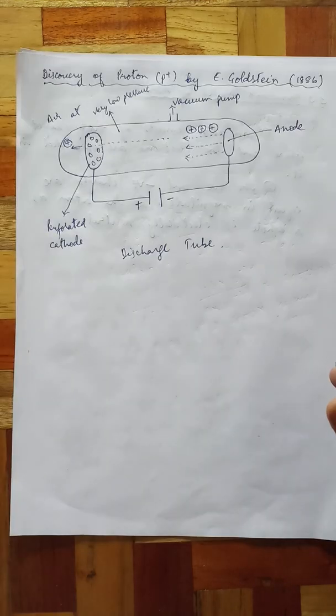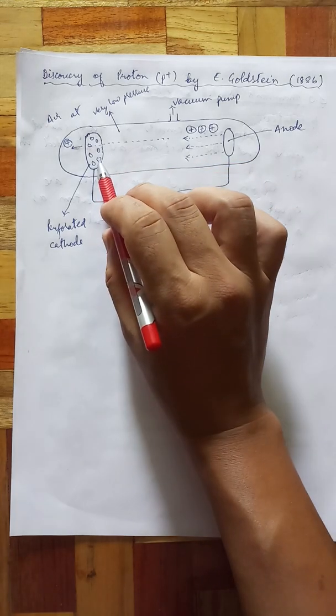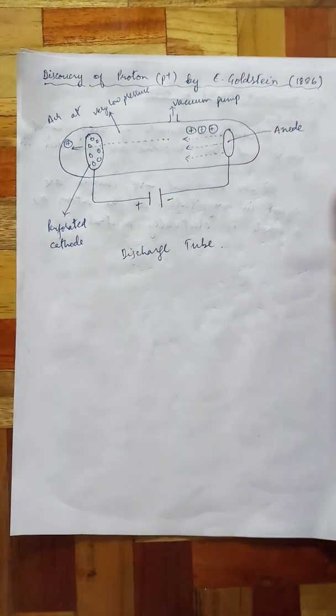Now come to the second subatomic particle, proton, the discovery of proton. In 1886, A. Goldstein performed an experiment with a discharge tube, the same experiment performed by J.J. Thomson, containing a perforated cathode. Perforated cathode means a cathode with several holes.